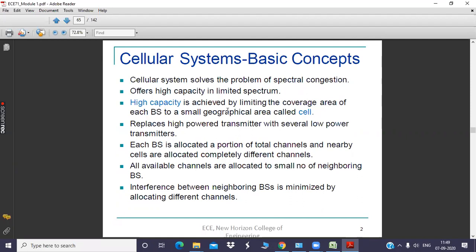For that, we are forced to install base stations frequently in the available geographical area.